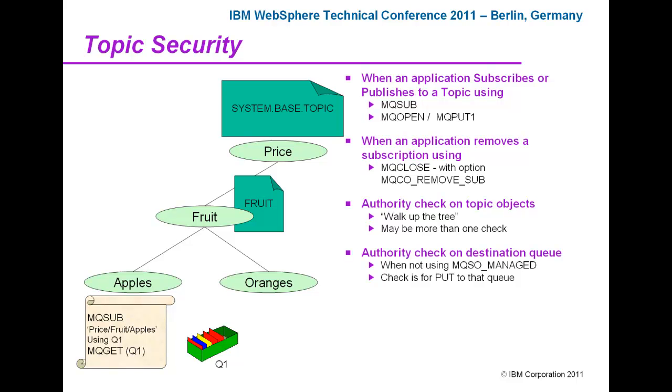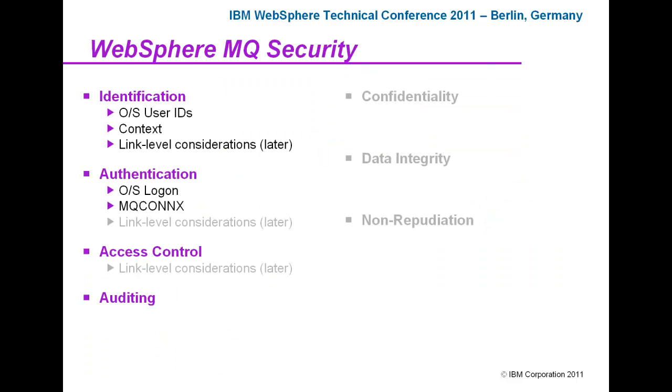So the appropriate check for that does seem put is an appropriate one. So if you are not allowed to cause that queue to fill with messages, you will not be allowed to subscribe, and again you will fail on the second step. That is not checked if you use MQSO managed, because then the queue manager is looking after your queue for you. So that's access control. Again, there's a few considerations for channels that we will look at later.